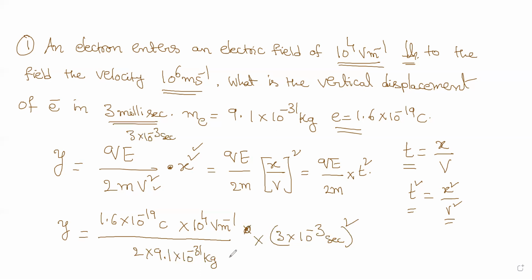So these factors we have plugged in, and the calculated answer is about 7.9 into 10 to the power of 9 meters. This much will be the displacement you get.